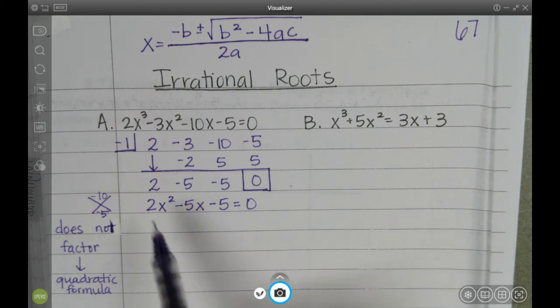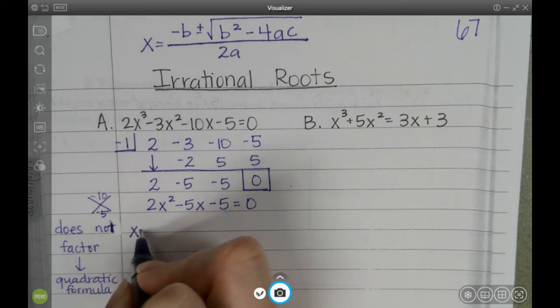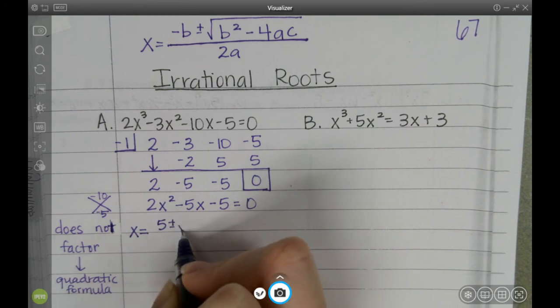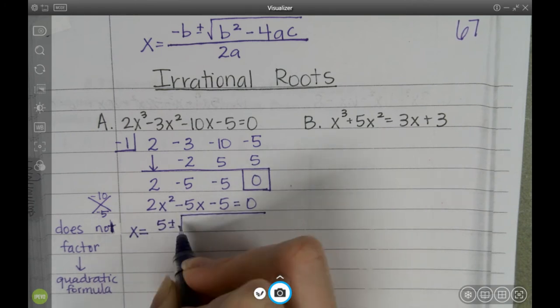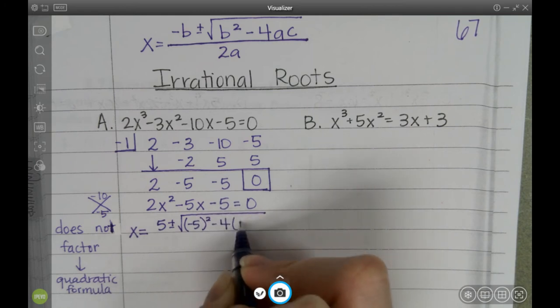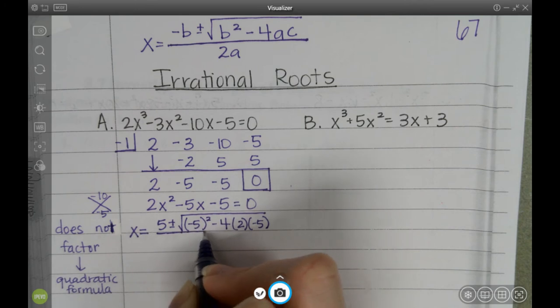All right, so you're going to plug in a equals 2, b equals -5, and c equals -5. Except now you have a calculator, which you didn't have before, so use that to your advantage.